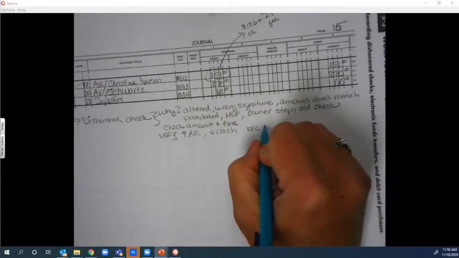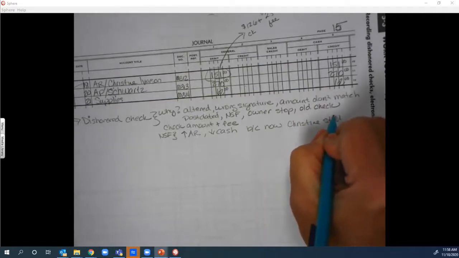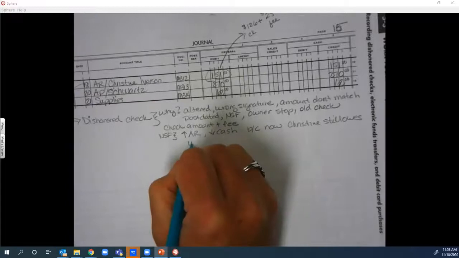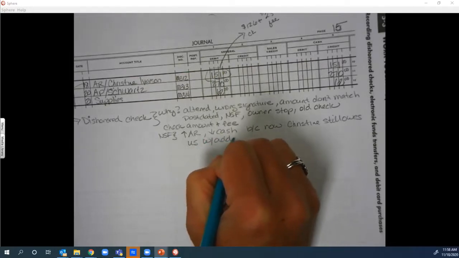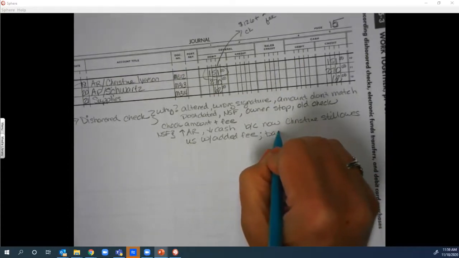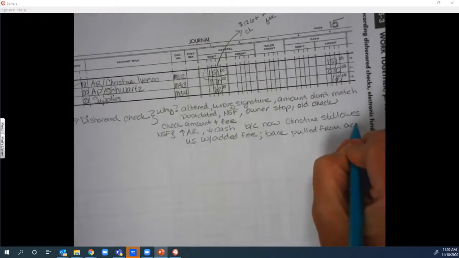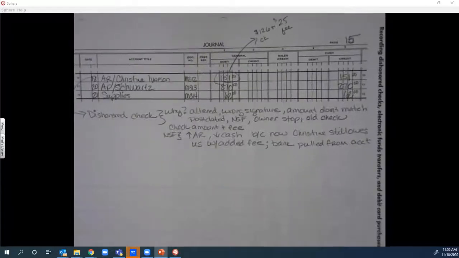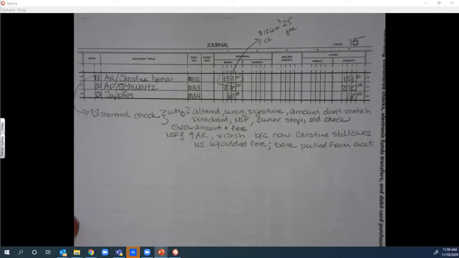Okay, because now Christine still owes us, we need to add the fee, and remember that the bank already pulled this out of our account. Okay, so just some extra explanation there as to what happened or what could have happened. We get all that written down?